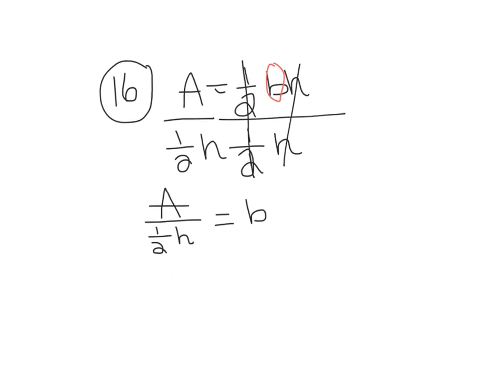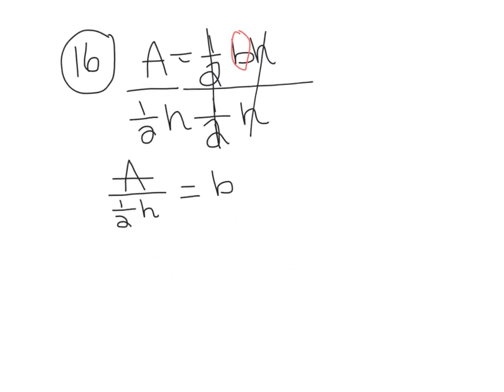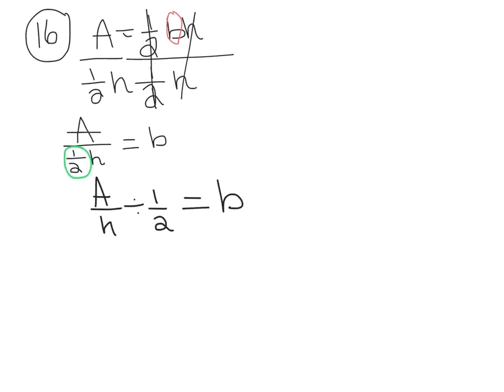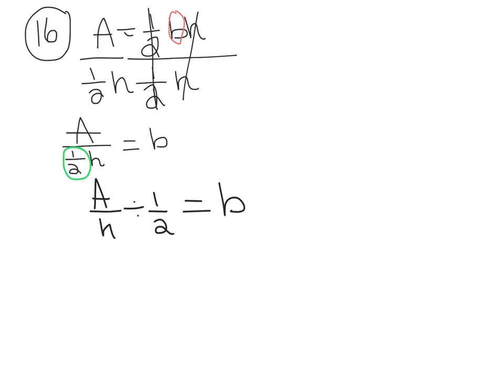We're not going to leave it like this, because we don't leave a fraction inside a fraction. So what I really have is A over h, and I'm also dividing by a half. And this equals B. And when you were in elementary school, you learned a thing called keep, change, flip. I learned it as this following song.